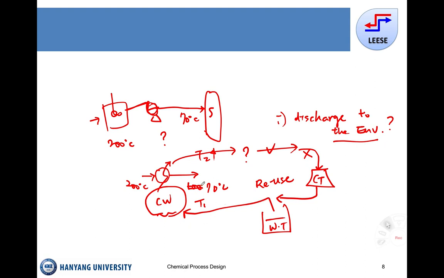So this is called the circulating system. The circulating system is quite common in the industry to supply the cooling water and regenerate cooling water, okay?